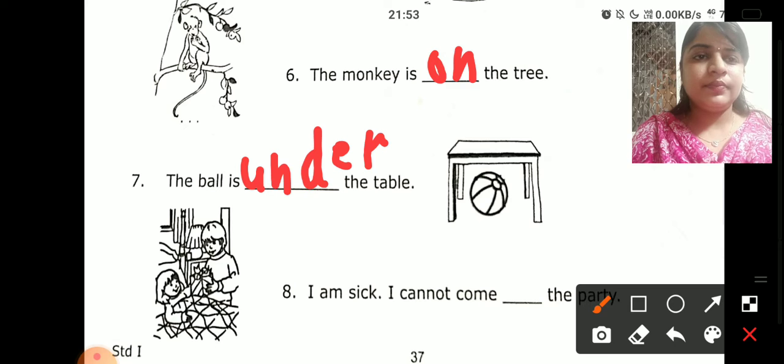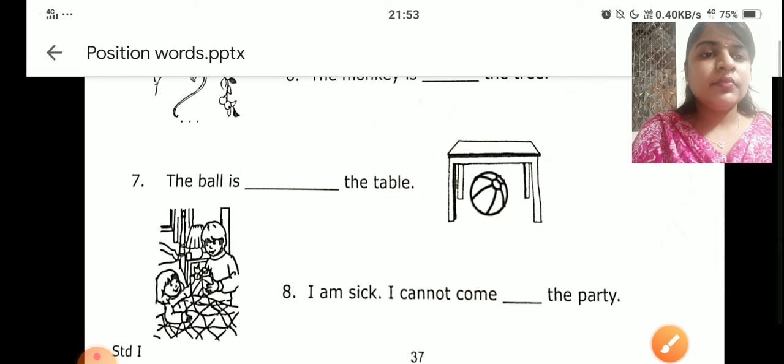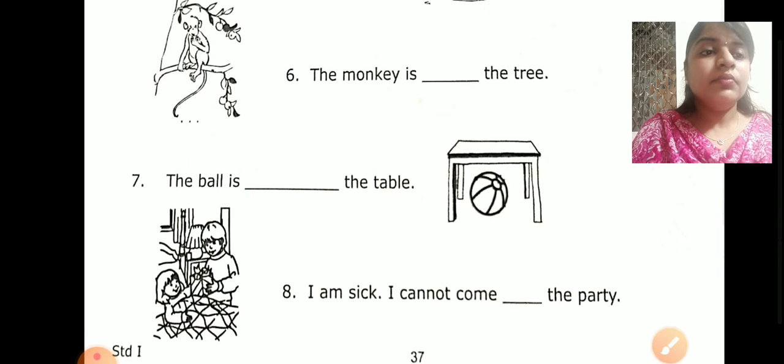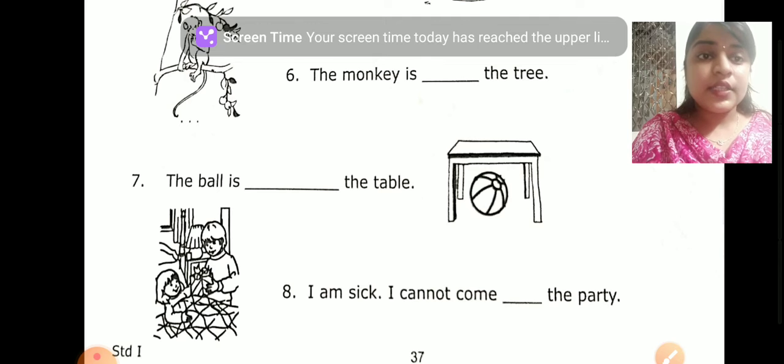Eighth one. I am sick. I cannot come dash the party. Here you can see in the picture two children, right? They both are talking to each other, saying that I am sick.